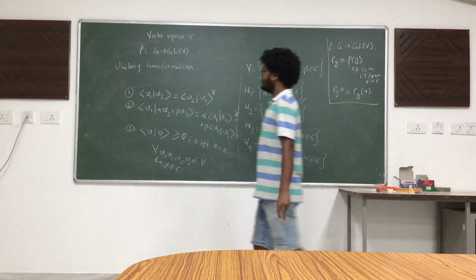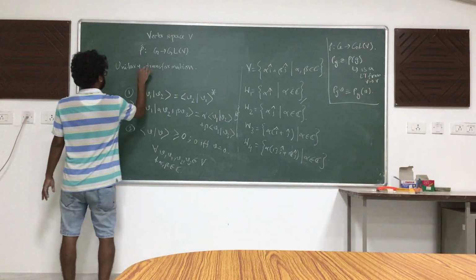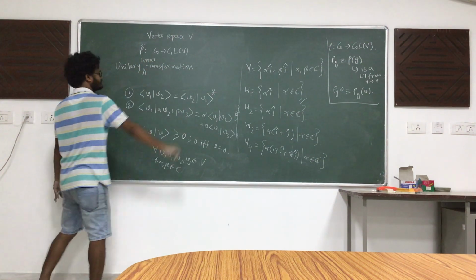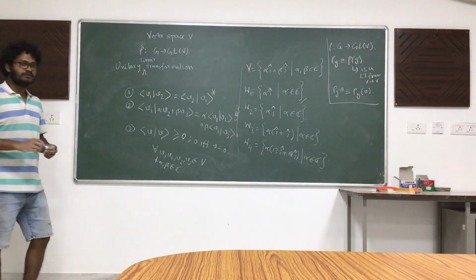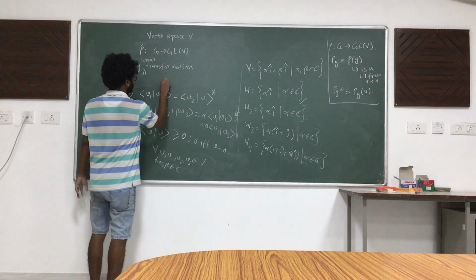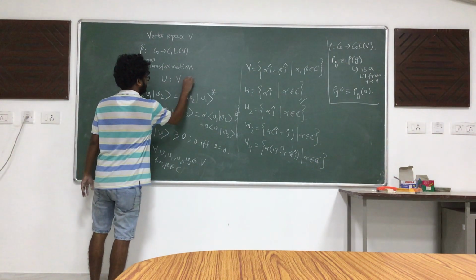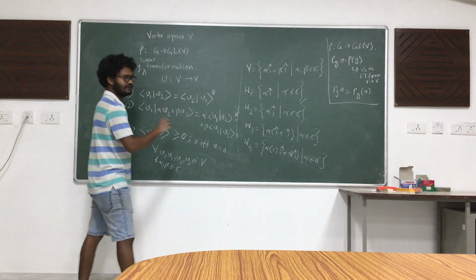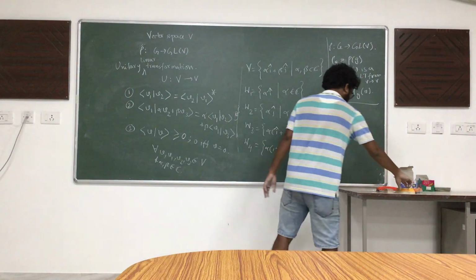A linear transformation U from V to V will be called unitary if what condition is met?